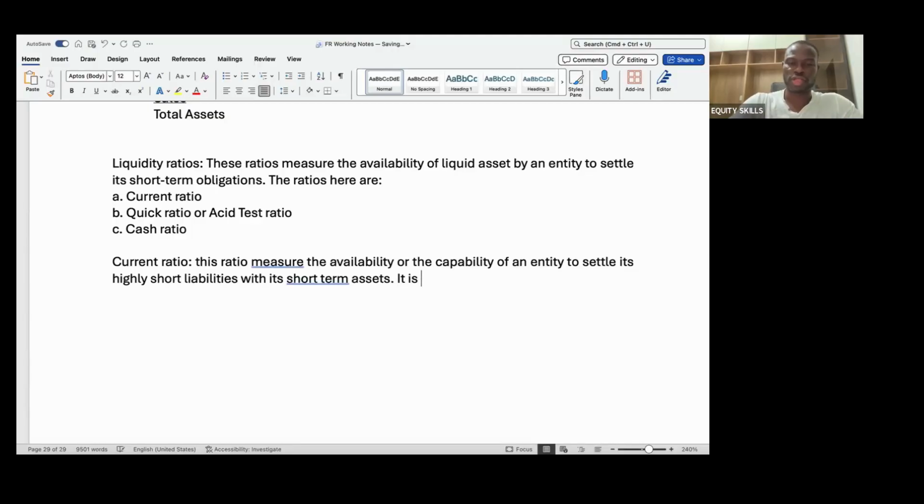And it is computed as current assets all upon current liabilities. So usually we expect the current asset to be 2 times the liabilities.